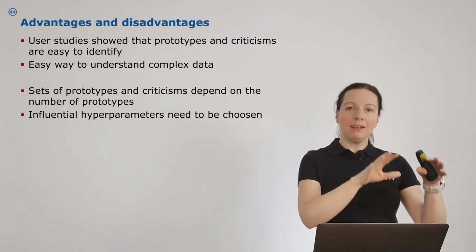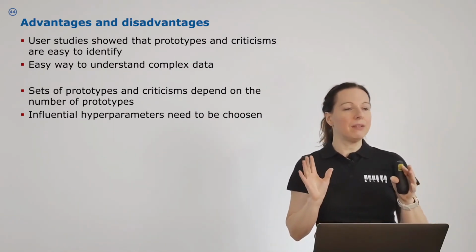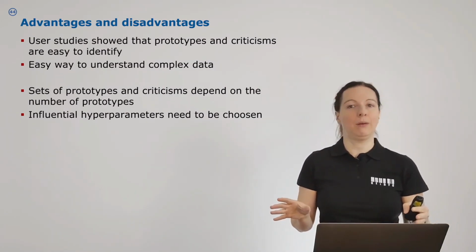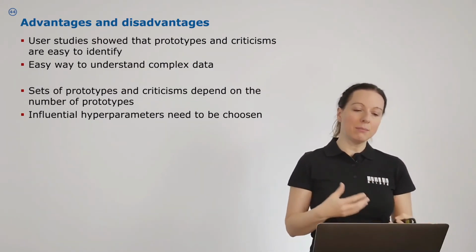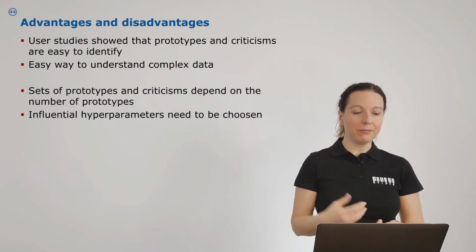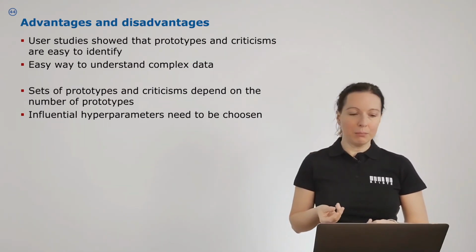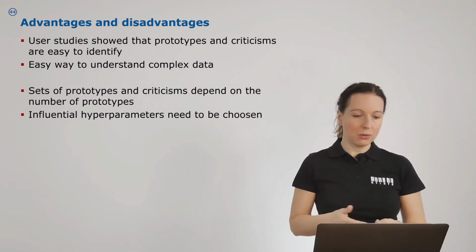These are normally the samples which are easy to identify even if they are not an expert in this area. So this is a good thing, it means these samples are representative of the data set. And these data samples help you to easily understand complex data, so that's useful.